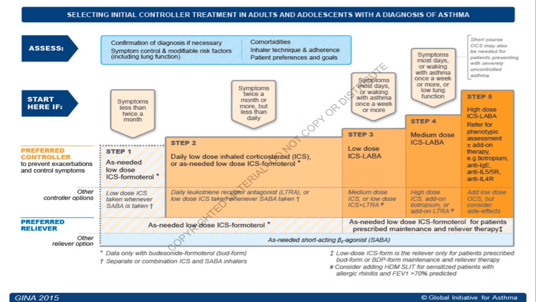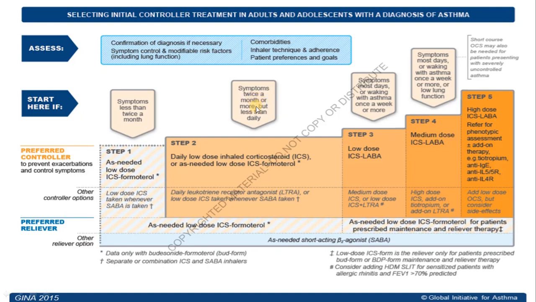Always assess, confirm the diagnosis, symptom control, modify the risk factors if you can, and check for comorbidity. Inhaler technique, adherence and patient preference are always important. Treatment: if the patient has symptoms less than twice a month you can start with step 1.